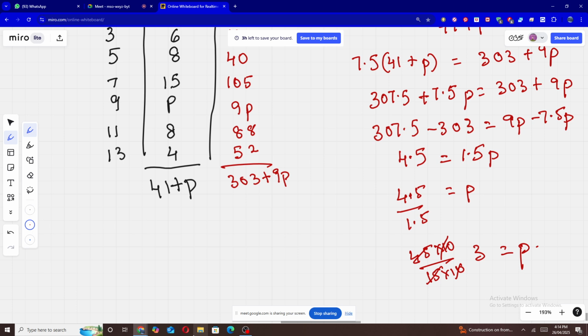Ma'am, how do you get 3? 4.5 by 1.5, how will you remove the decimal? 45 by 10, right? And this one will be 15 by 10, correct? So it will be 3. Ma'am, by 10 or into 10? You can do into 10 also, because both of them have only one digit after the decimal. So you can just remove it like that. Yeah, okay.